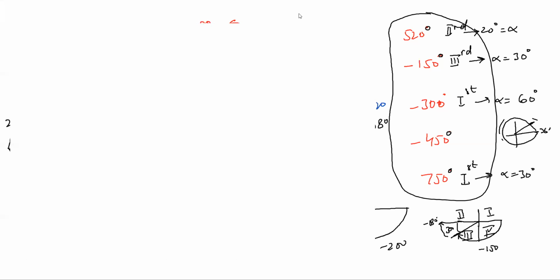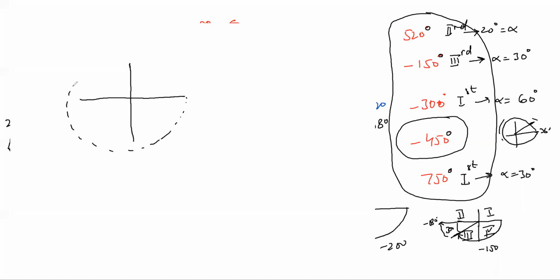Suppose for this case we have minus 450 degrees. We need to know where the point with a general angle of minus 450 degrees is. You can start from here and go clockwise. This is minus 360 and here you have minus 450.